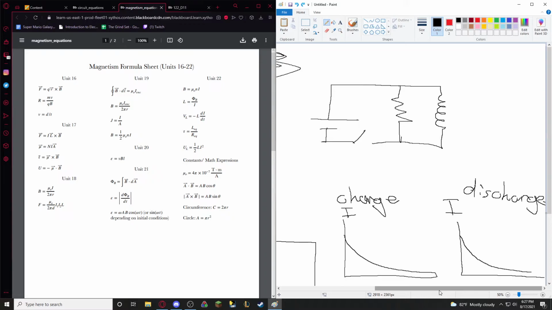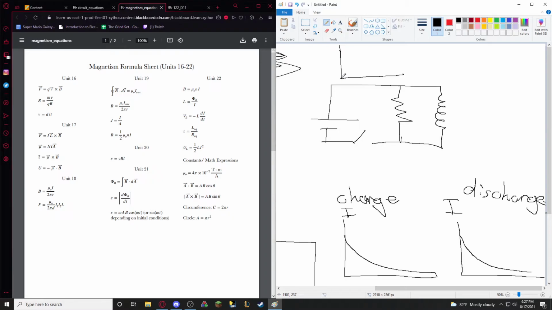But what's going to happen to the current? It increases. It's going from no current, and then it'll start gaining current and hit an asymptote. Exactly.